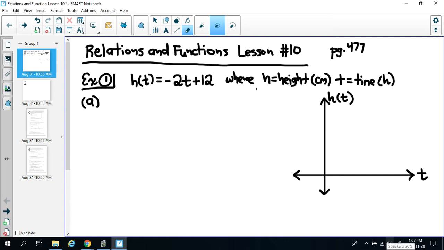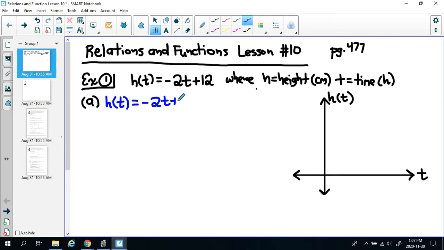Okay, the first thing we need to do is take this equation in function notation and turn it into an equation I can plug into the graphing calculator. So in function notation, h as a function of t is equal to negative 2t plus 12.